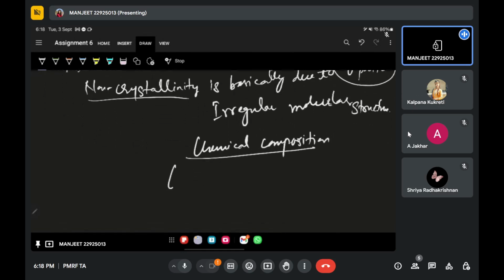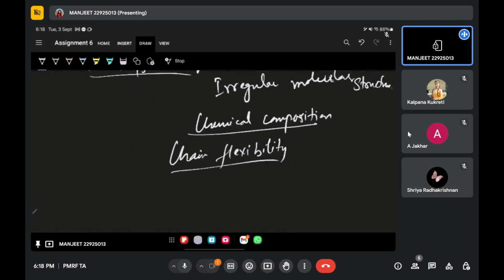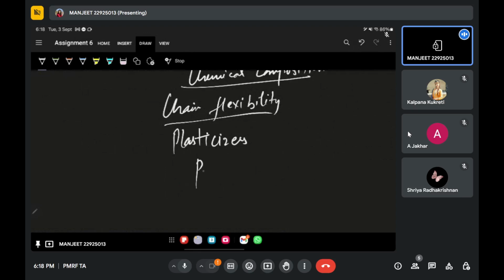Another is chain flexibility. If they have the chain flexibility, so one of the reasons can be the chain flexibility, or the plasticizer that we added in the mer unit, that also gives the flexibility or the non-crystalline nature to the polymer. Plasticizer, thermal history.